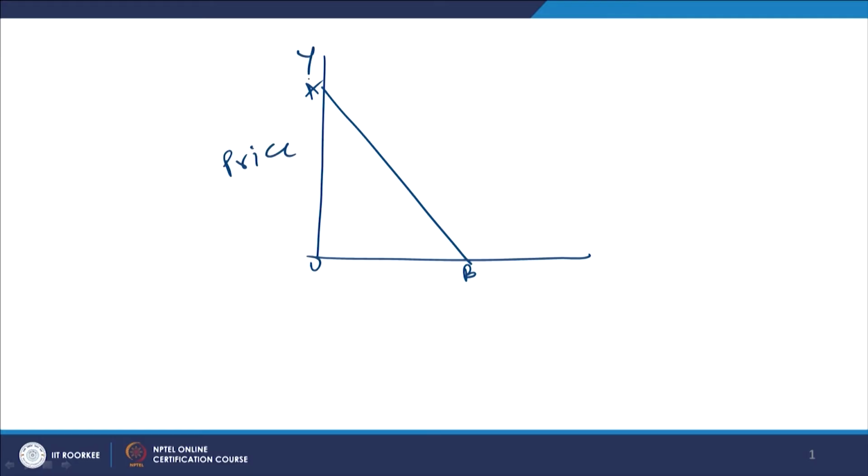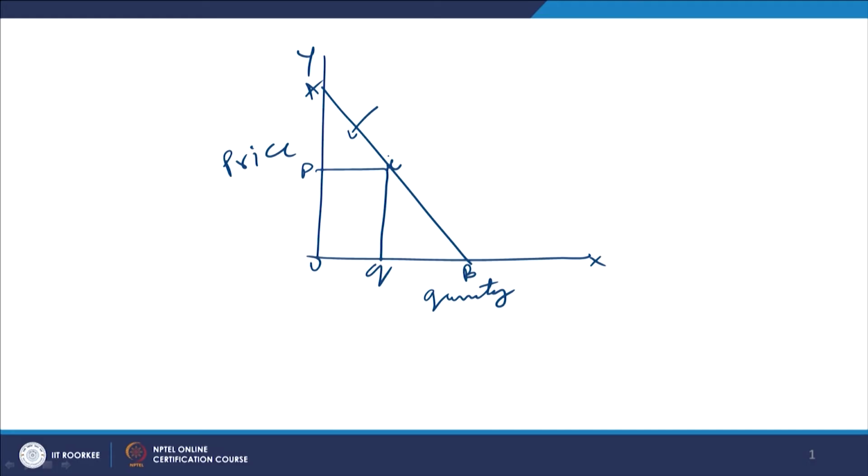Take the demand curve, this is our linear demand curve AB, price is taken on the vertical axis and quantity is taken on the horizontal axis. This is our initial price, say OP, and quantity is OQ, and this is our consumer surplus. So, PAC, this is our consumer surplus.